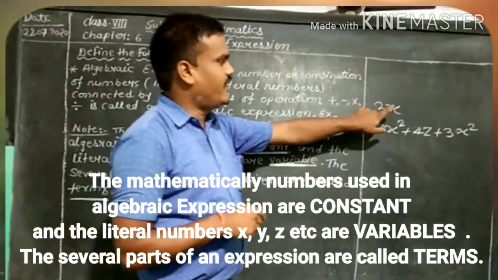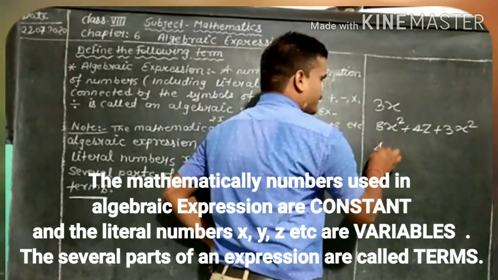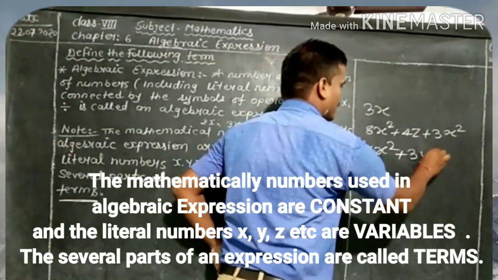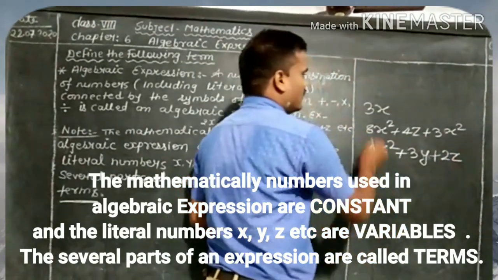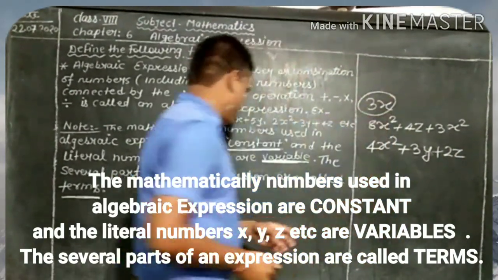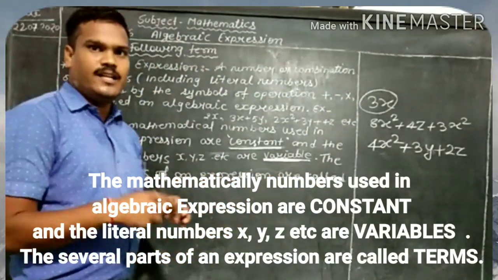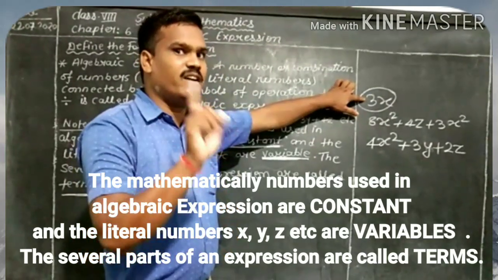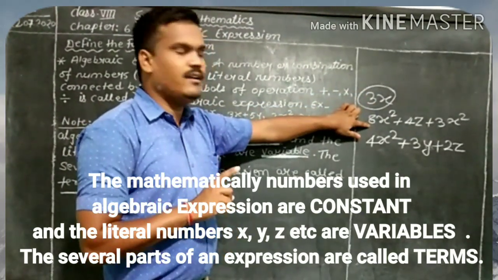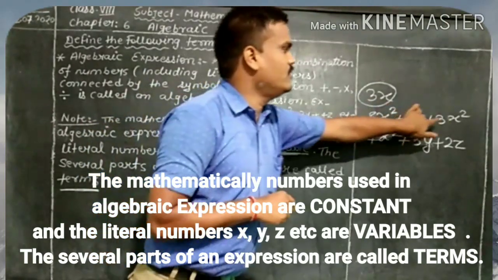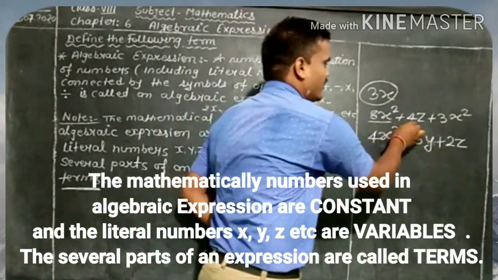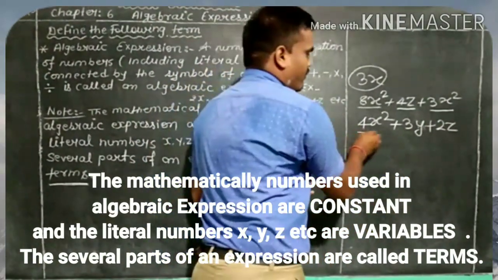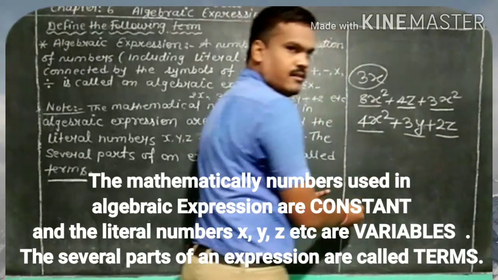If we discuss this example, first of all see what is a term. In this example I have only one term, but in this example we have 1, 2, 3, total 3 terms. Again here 1, 2, 3 terms.